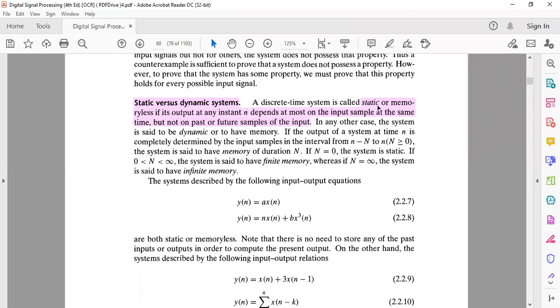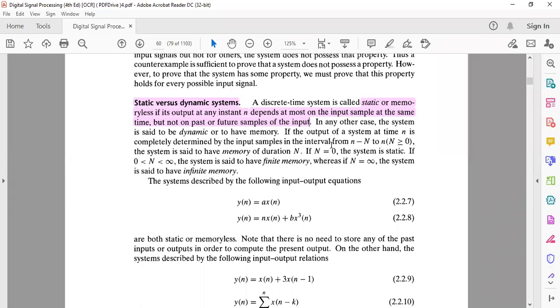We're saying that it is called memoryless. Memoryless means that it doesn't remember, right? Its output at any instant n depends on the input sample at that same time, but not on the past or future samples. So it can only produce an output for a particular time input.